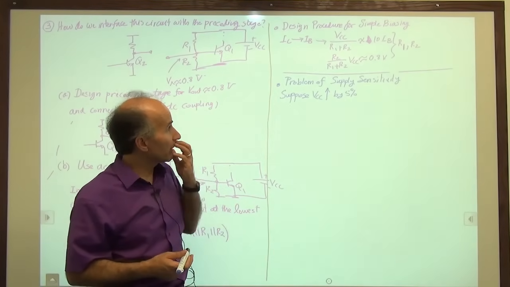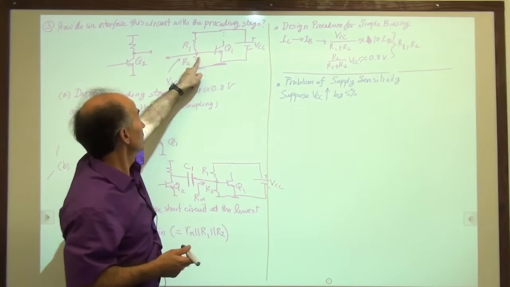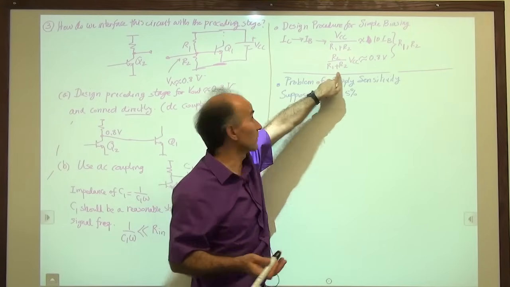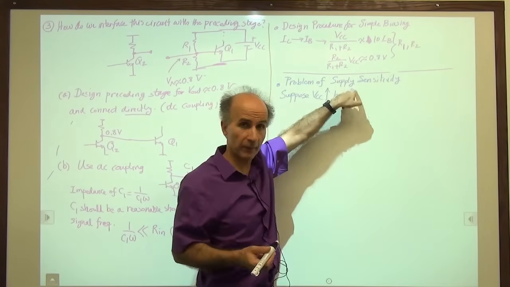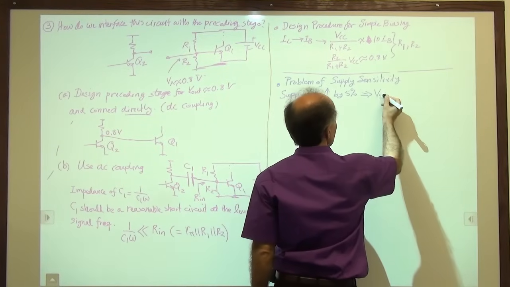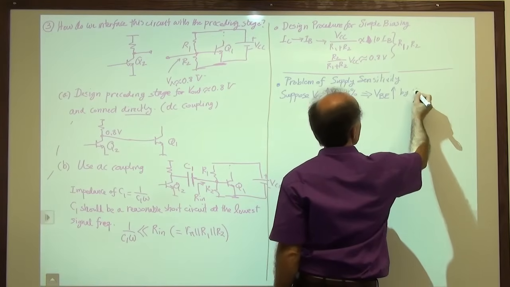Okay, so VCC goes up by 5%. What happens to this base emitter voltage in the divider? Well, that goes up by 5%. If this goes up by 5%, this fraction goes up by 5%. So that means that VBE goes up by 5%.